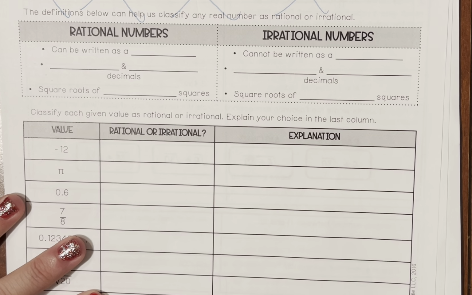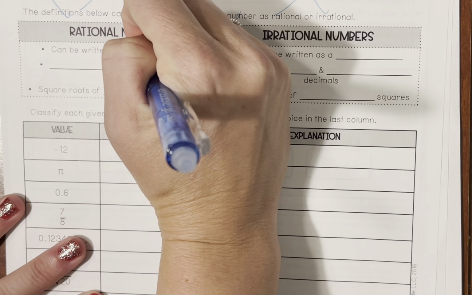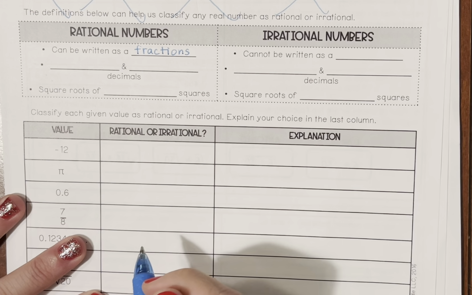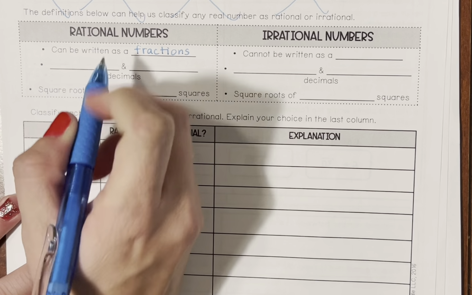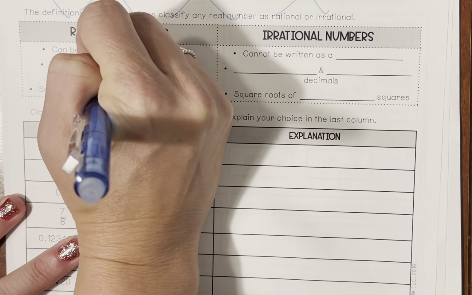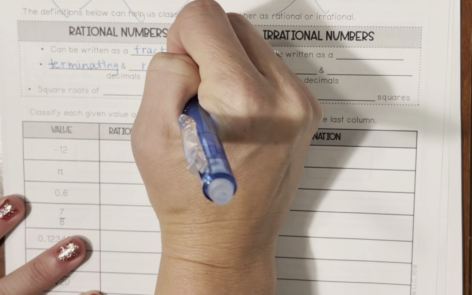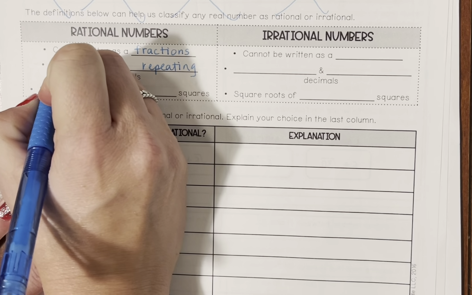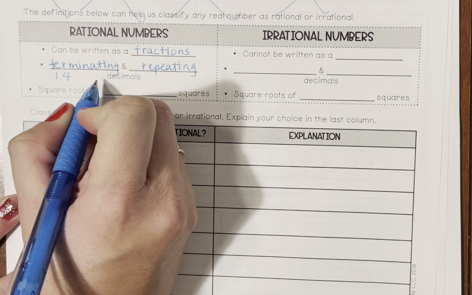So rational numbers are numbers that can be written as fractions. They are also numbers that are written as terminating or repeating decimals. Terminating means stopping, so that would be a decimal like 1.4, because after the 4, the number is over.